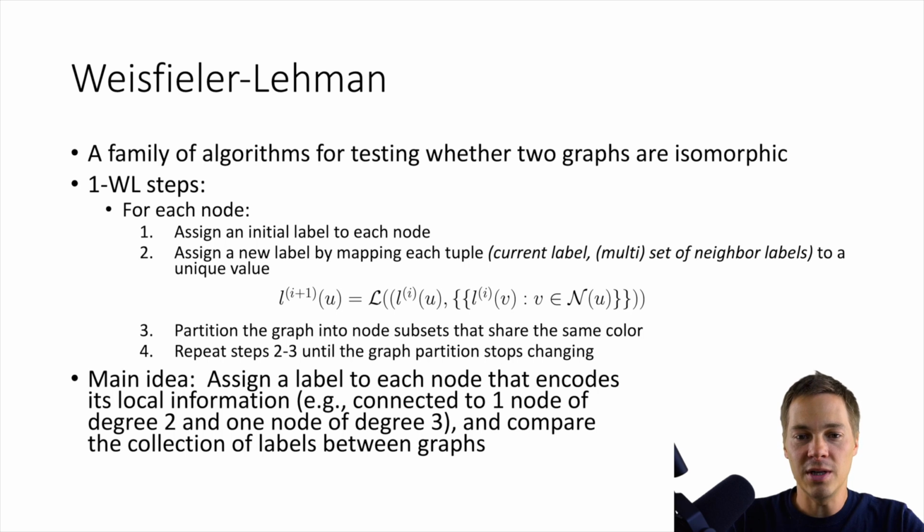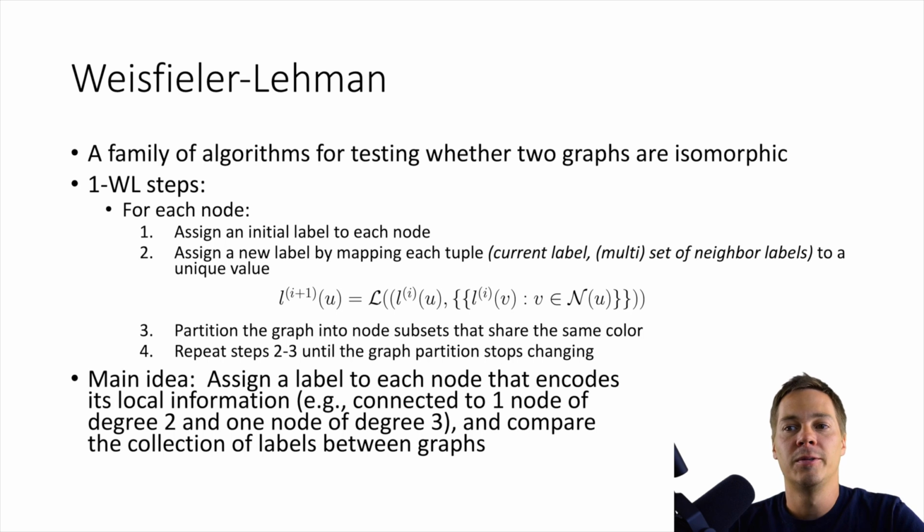And for each unique tuple we get by doing this for every node, we create a new color and assign that to each node. And then we partition the graph into node subsets based on whether they share the same color or not. And then we continue this process of remapping to new colors and partitioning based on shared colors until the partition stops changing, so that essentially the same nodes are grouped together and share the color consistently from iteration to iteration.